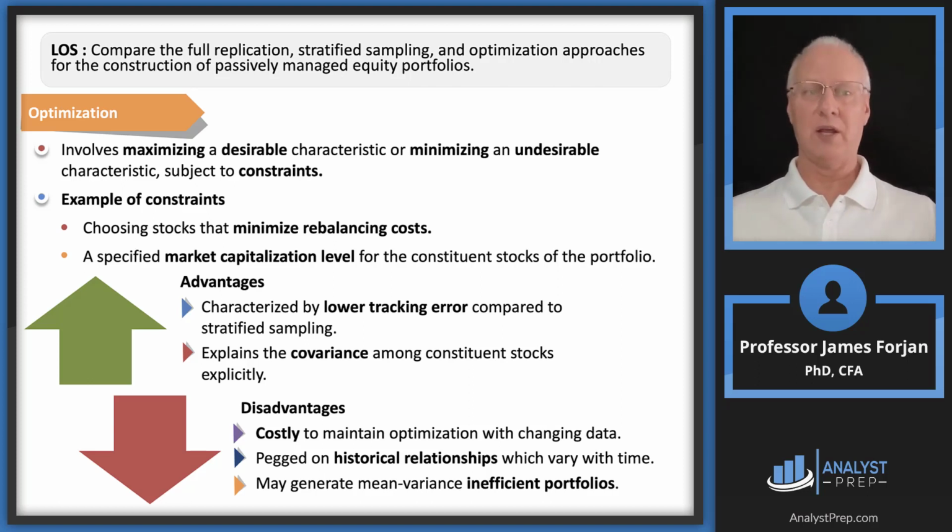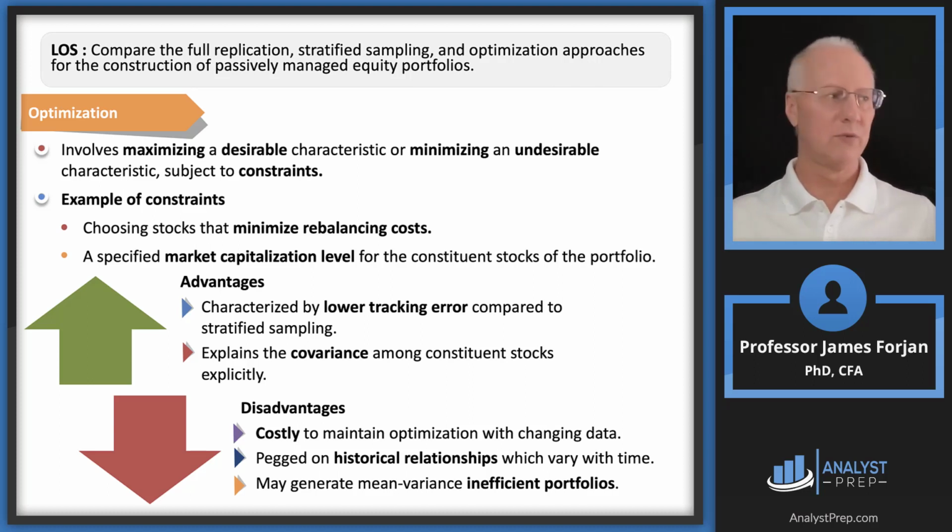So the advantage here is if you do this minimization or maximization, you're probably going to get a low tracking error, but it's costly. And the question then becomes, what kind of data are you using? If you're using historical data, which is what my students and I do in class, we just go to Yahoo Finance and download 3 years worth of monthly prices right into an Excel spreadsheet. We do it so quickly.